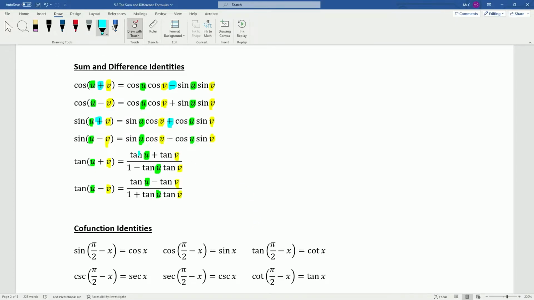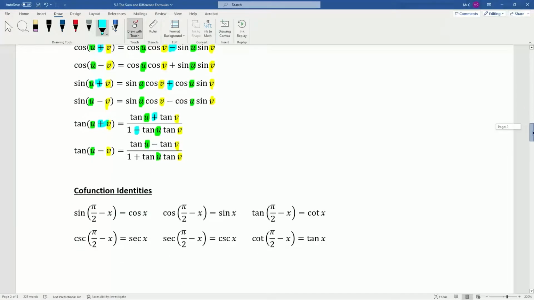And for tangent, it's tangent plus tangent over 1 minus tangent tangent. So here, the sign up top is the same. The sign on the bottom is opposite. So cosine, cosine, sine, sine. Sine, cosine, cosine, sine. Tangent plus tangent over 1 minus tangent tangent, or plus tangent tangent. So hopefully that'll help you structure a way of memorizing these a little bit better in your head to keep them straight.